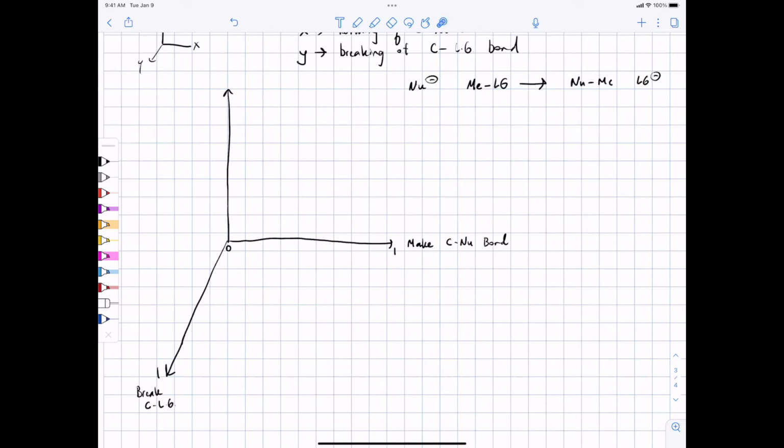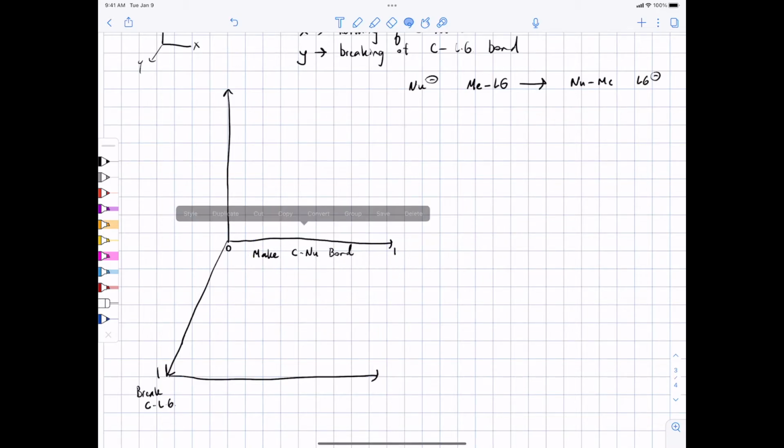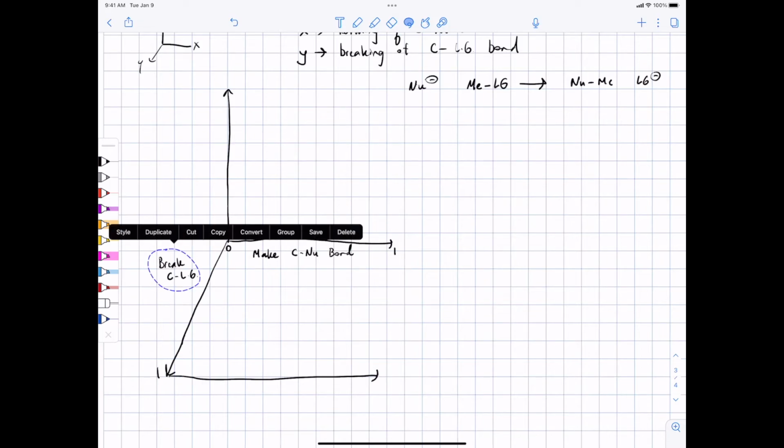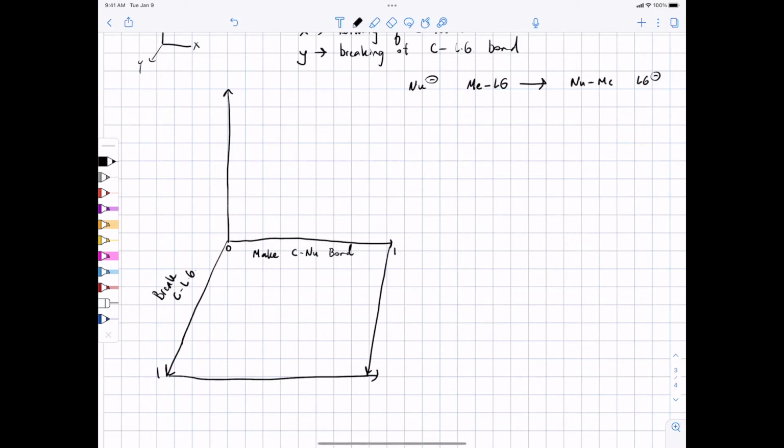We could break the carbon leaving group bond first and then make the carbon nucleophile bond second, right? Or you could consider making the carbon nucleophile bond first and then breaking the carbon leaving group bond.